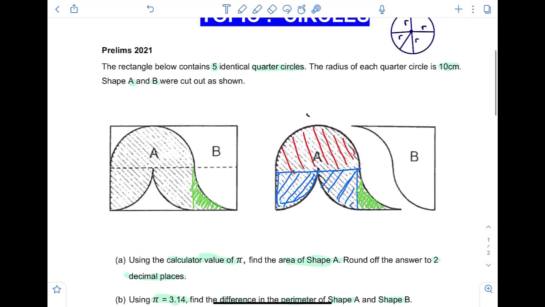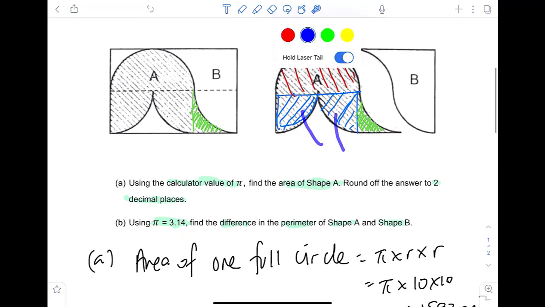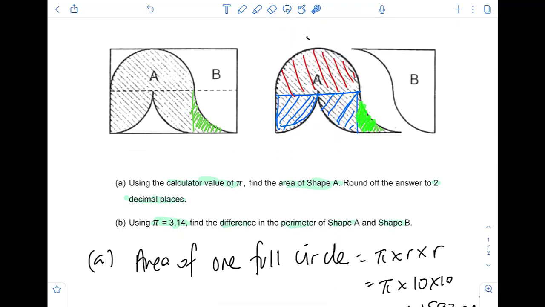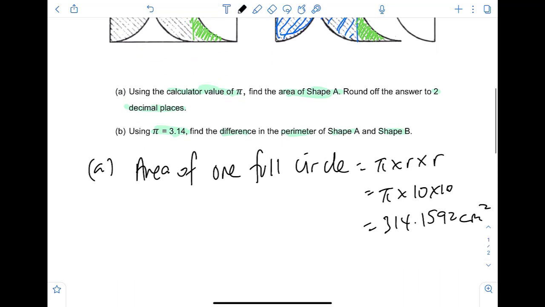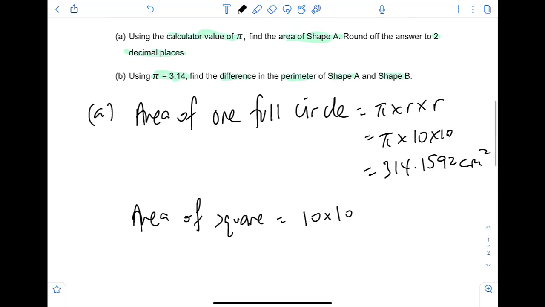So this covers the red section and also the blue section. You still need to find this green part, which is here, square minus a quarter circle. So the area of the square is just 10 times 10, which will be 100 square cm.